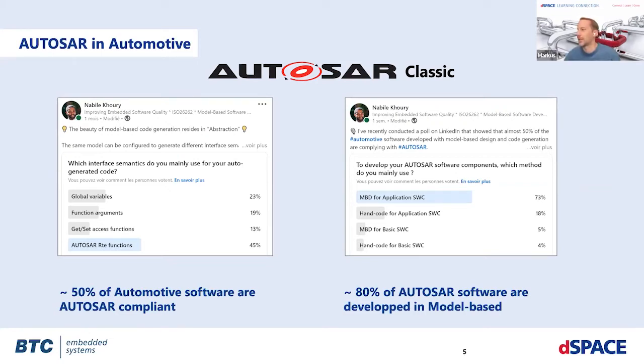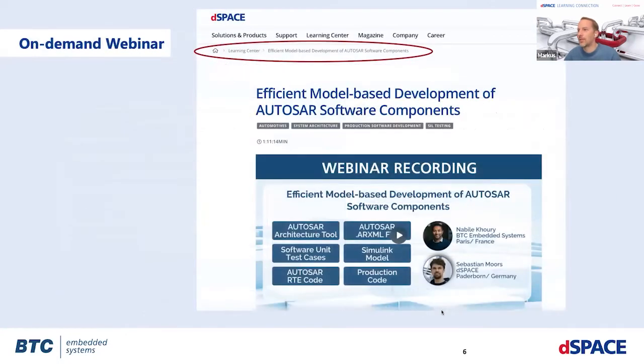Yeah, exactly. I think we already used some AUTOSAR expressions which we did not introduce, and we probably will not introduce all of them because we want to focus on the testing part. There was a webinar which we already did, BTC and dSPACE together, back in June, which was focusing more on the development process. Felix, I think this webinar is still available as a recording, right?